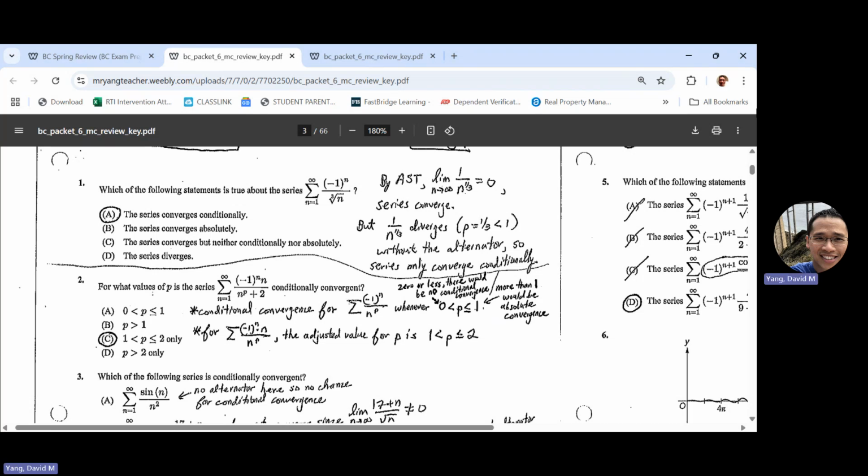But if we were to somehow strip away the alternator, it would fail the p-series test, right? Because p-series says my p-value in my denominator has to be greater than 1 in order for my series to converge. So without the alternator, it would diverge, but with the alternator, it converges, and therefore that fits conditional convergence.